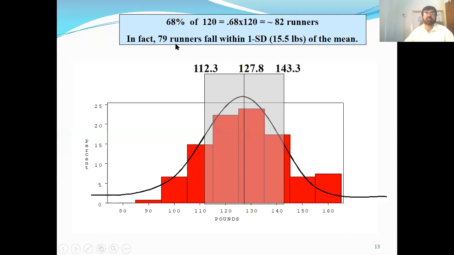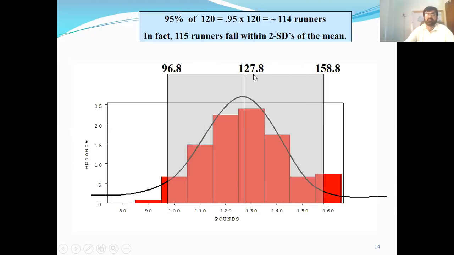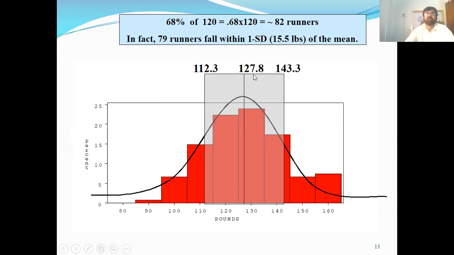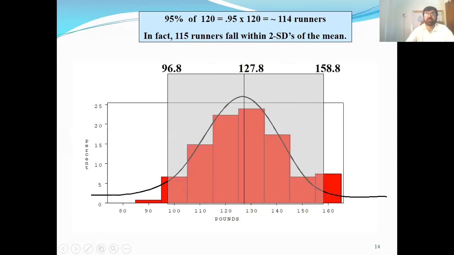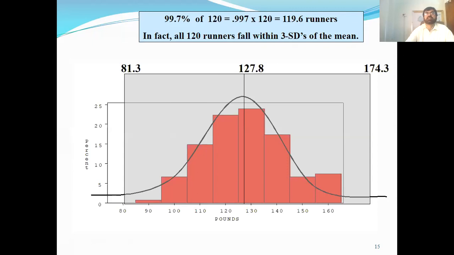In fact, 79 runners fall within 1 standard deviation, 15.5 lb of the mean. Hypothetically, that becomes 82 runners; in fact, 79 runners fall within 1 standard deviation. Now let's see at 1 standard deviation, at 2 standard deviations, and then at 3 standard deviations.